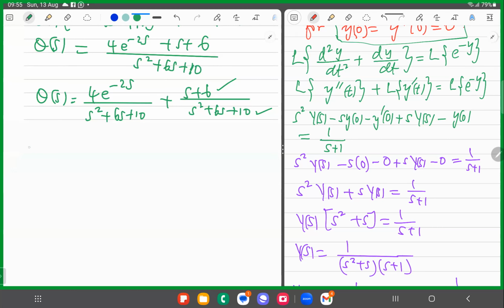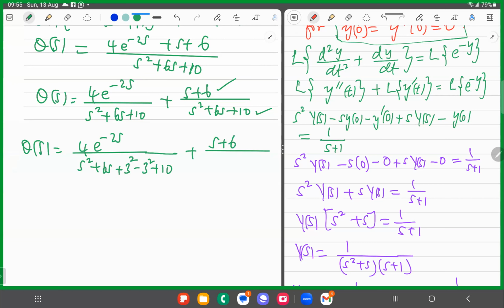Okay, and also here, so this will be theta of s is 4e to the minus 2s over s squared plus 6s plus, half of 6 is 3. Well, half of 6 is 3, but you square it, and then you subtract the square, and then you add 10. Plus 10, so we can write it like that.